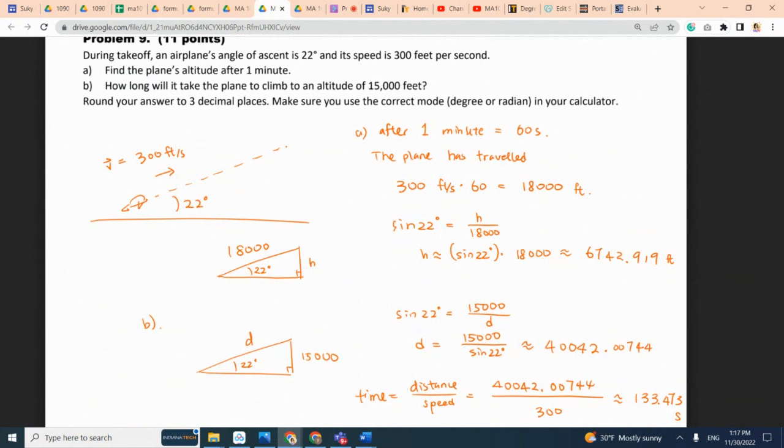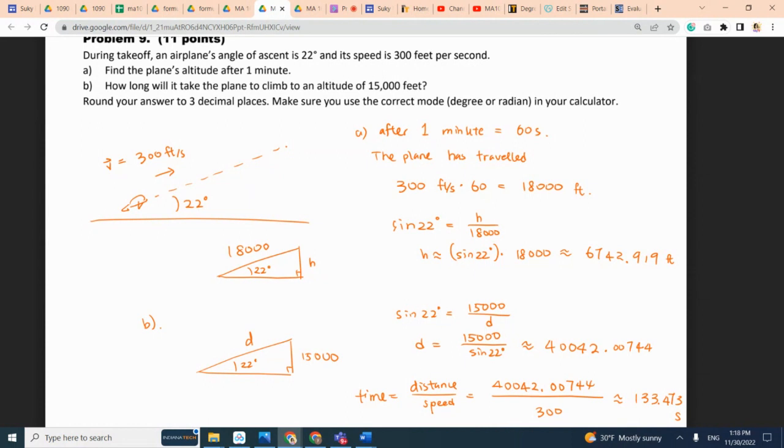Part B, you want to know how long. So you want to find the time so that the plane climbed to an altitude of 15,000. First of all, you want to find the distance. Well, you know the opposite. You're looking for the hypotenuse. So sine 22 degrees is opposite over hypotenuse.